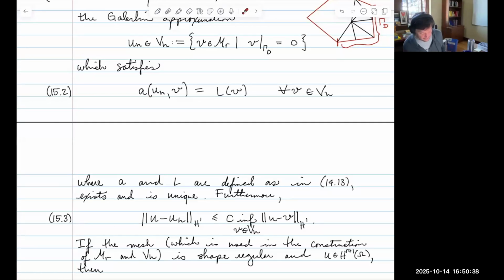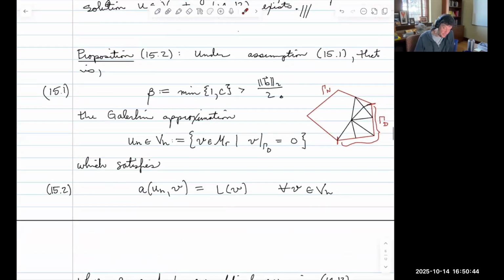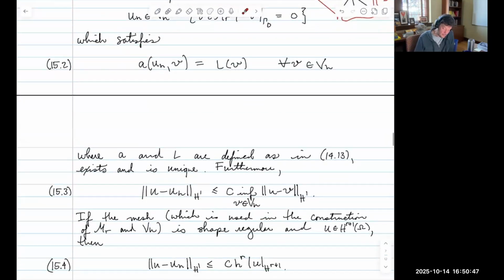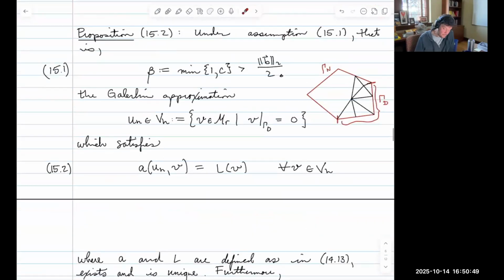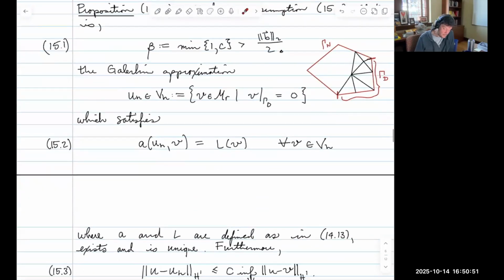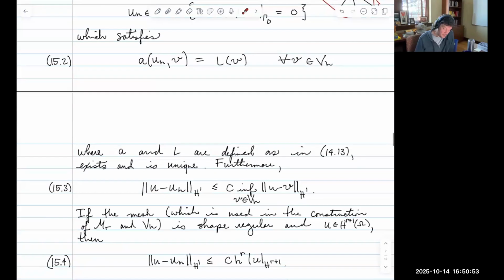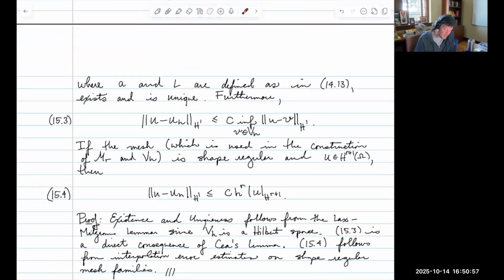I don't need to do anything different there. That already holds. So I already have existence and uniqueness of a solution. Existence and uniqueness is the first part. The second part is this estimate. That comes from Céa, so nothing to do.